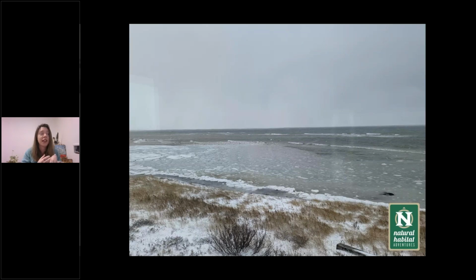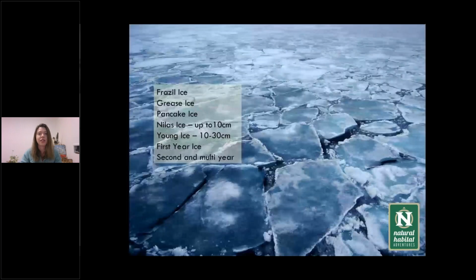And so we can see here, we're seeing a little bit caught where there is a spit of land behind, and it's a little bit more still so that ice can form a little bit bigger. But then only a number of days later, we started to see a full ice shelf extending out, some places even up to a kilometer out. And so it really does tip quite quickly. It's quite fascinating to watch as that changes.